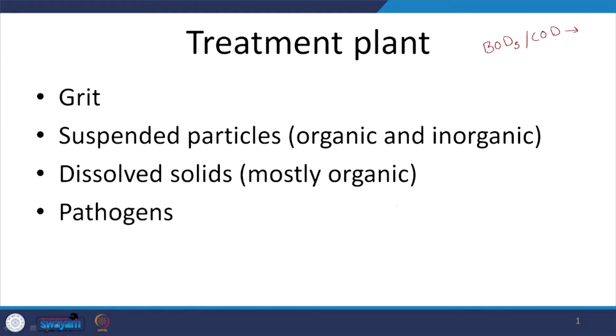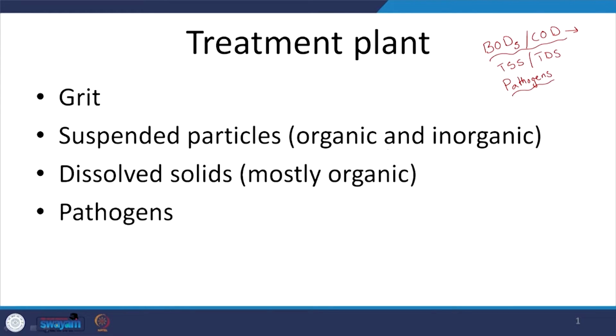We are trying to measure the organics that exert an oxygen demand, right. And then I believe we looked at suspended solids and total dissolved solids, right. And we also looked at pathogens, or microorganisms that can lead to formation of disease, right. I believe these were the major categories that we looked at.